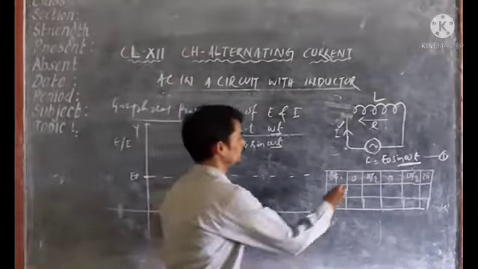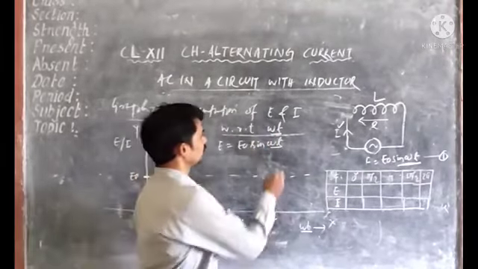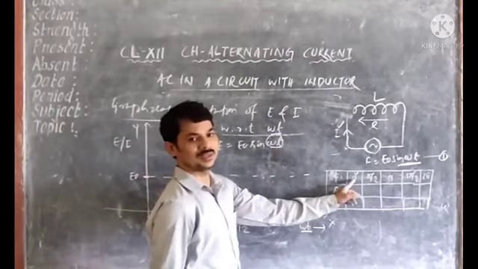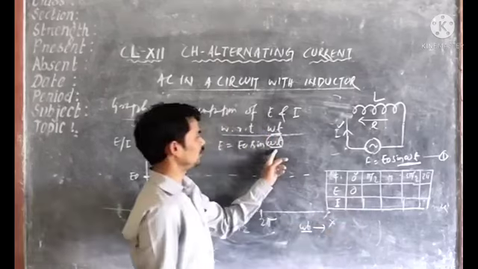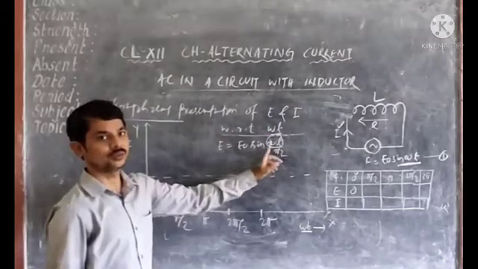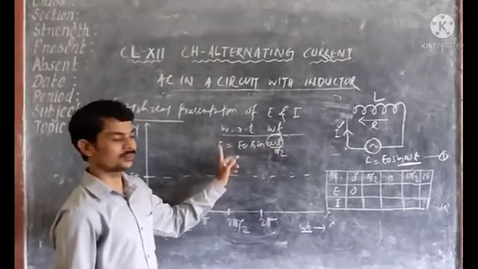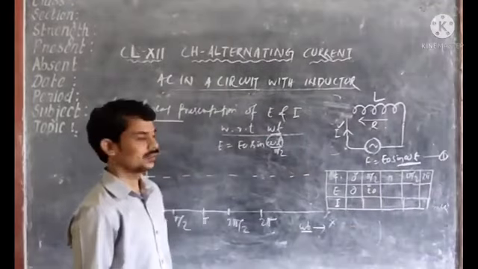So when phi is equal to 0, then E is equal to E naught sin omega t. So in place of omega t, when you put 0, the value will be 0. Then when you put pi by 2 here, sin pi by 2 is 1. So the result of E will be maximum, that is E naught.